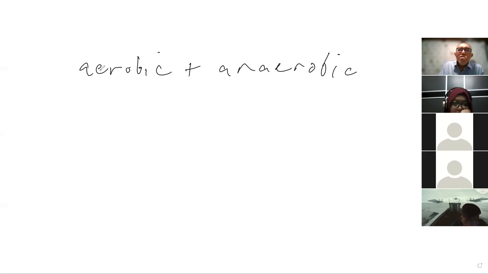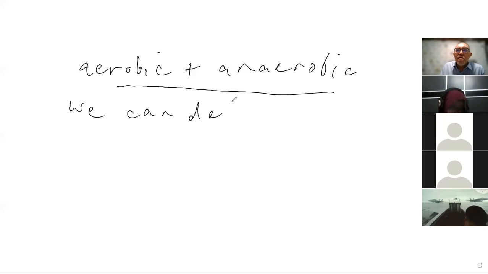In other organisms, aerobic metabolism is the typical one, but in termites, both aerobic and anaerobic happen side by side. And this is an advantage, in the sense that we can detect the presence of termites.